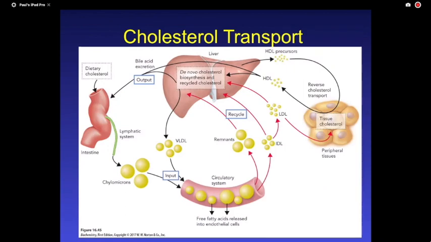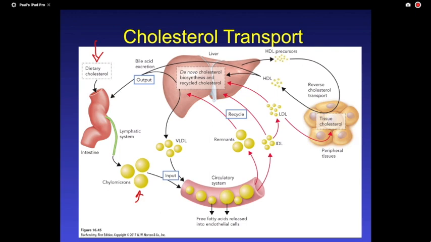Now, what really happens is this. You go to Taco Bell, and you are eating lots and lots of fat, lots of cholesterol. I'm not exactly sure how much protein, but, you know, they make an argument. All right, and it gets broken down, it gets repackaged, and the first package is this very large particle called a chylomicron.